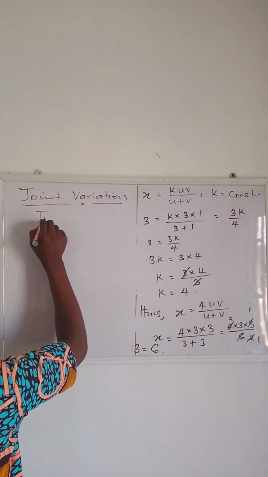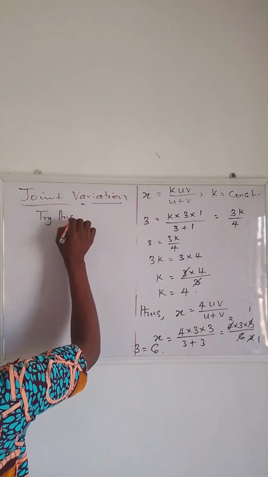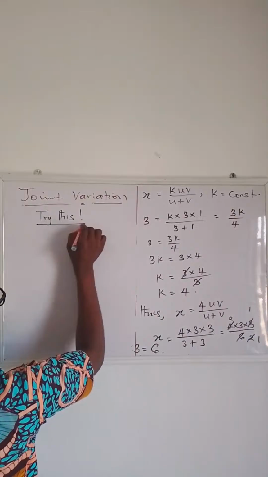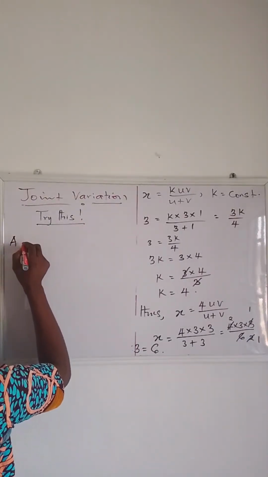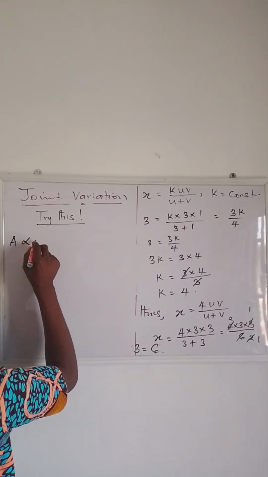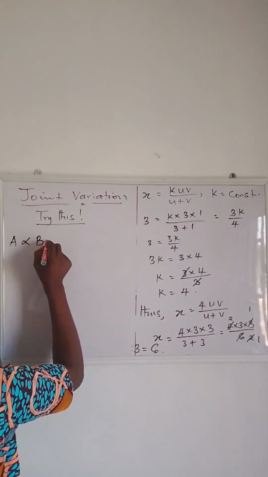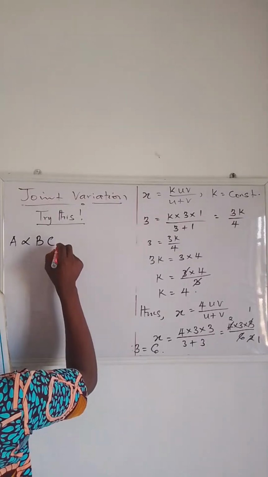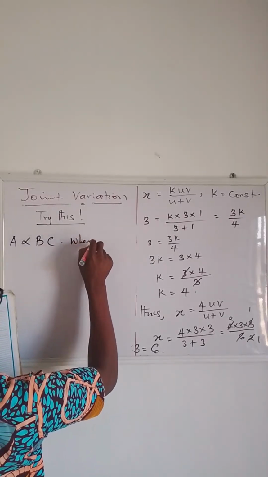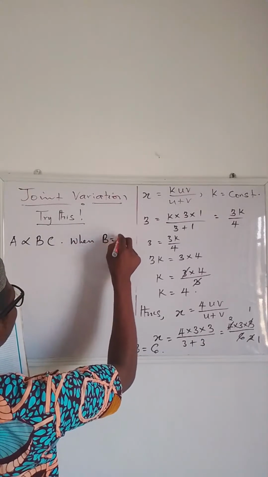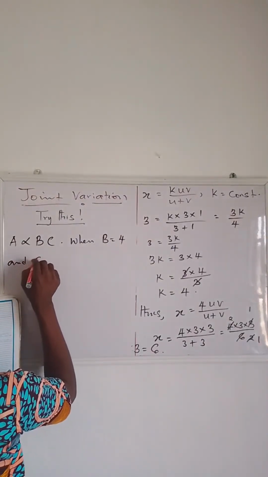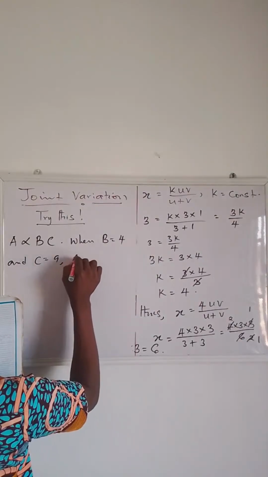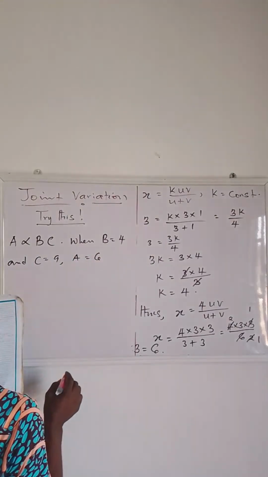Try this. A varies jointly as B and C. When B is 4 and C equals 9, A equals 6.